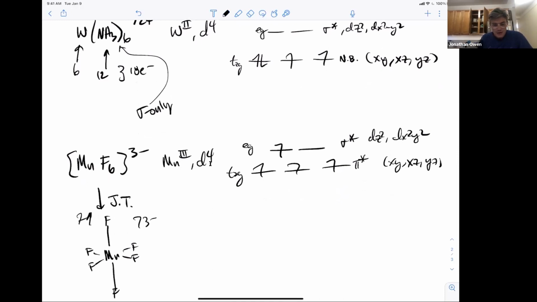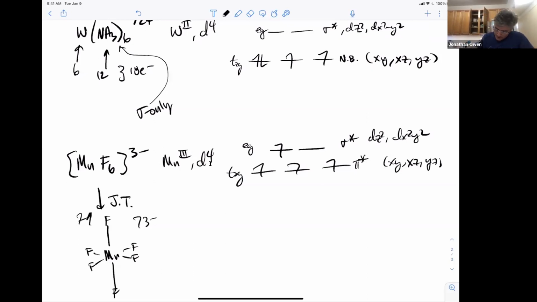Now, that stretching along Z is going to split the levels, because compression along x squared minus y squared is going to strengthen the interaction with x squared minus y squared. It's going to make that antibonding orbital go up. Stretching the bond along z squared weakens the interaction with z squared, and it's going to make that orbital go down.